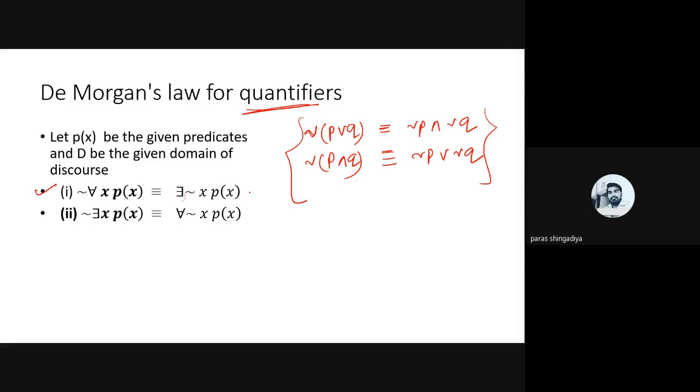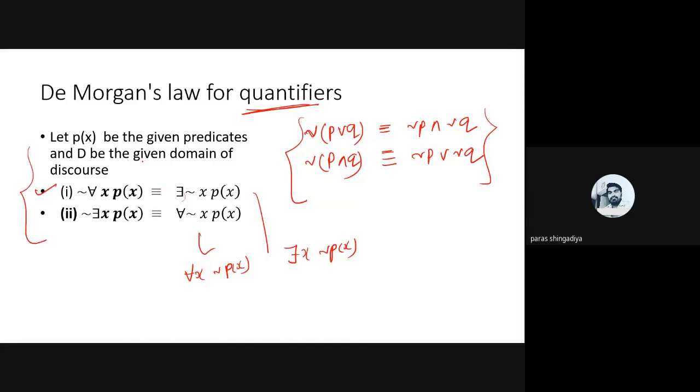You can also write it in this form, there exists x negation P(x). And the second one is the negation of there exists x P(x), that is logically equivalent to every x negation P(x). You can also write this form as every x negation P(x). This is the De Morgan law for quantifier theory.